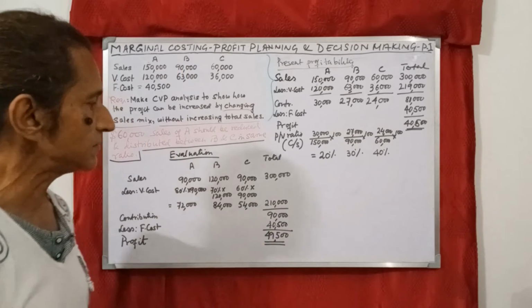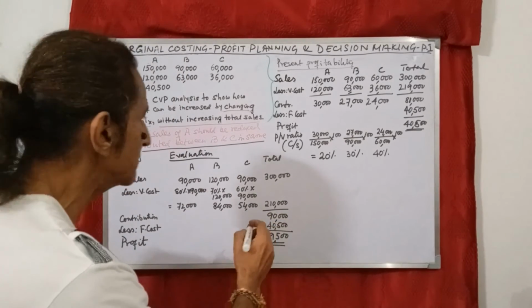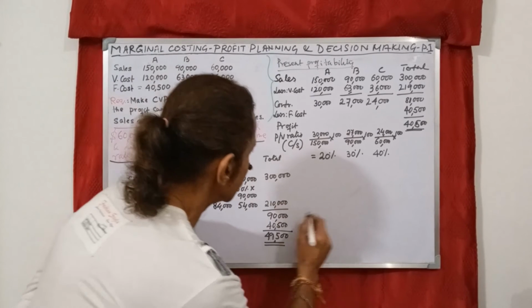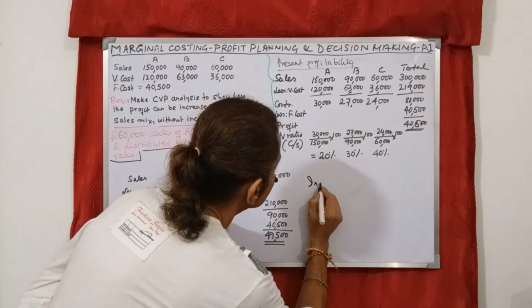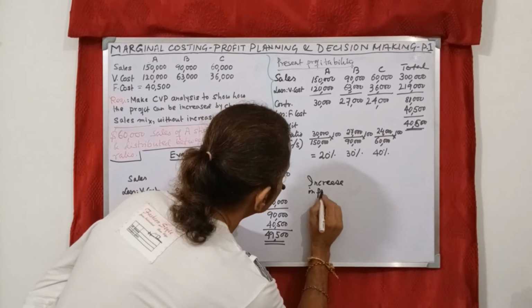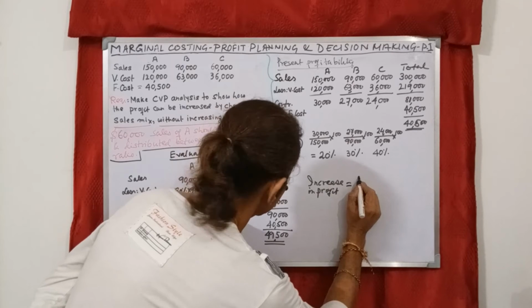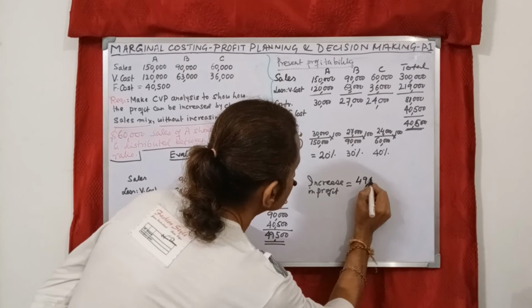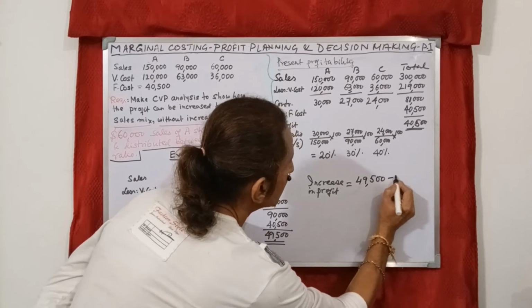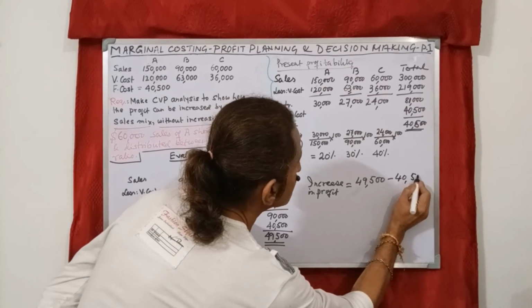So increase in profit as a result of implementing the decision of the management is equal to 49,500 minus 40,500.